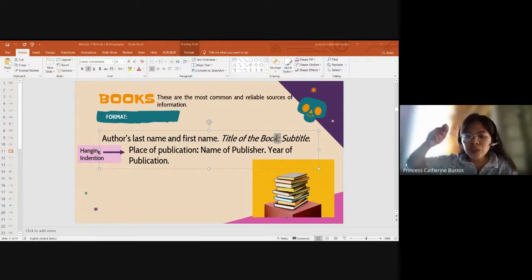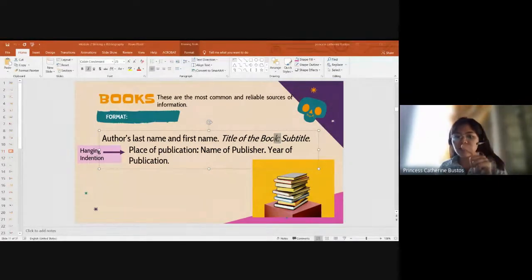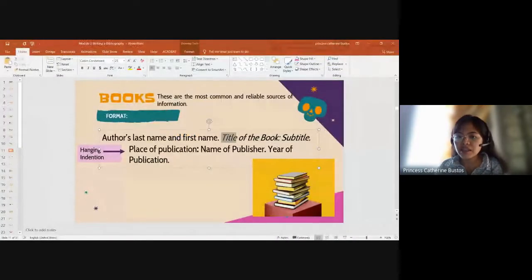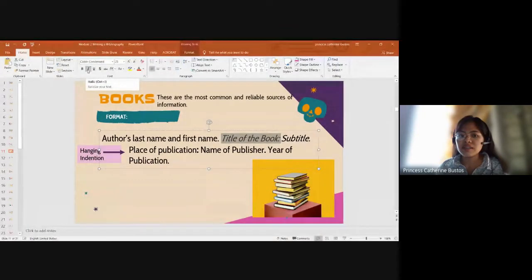So I want you to take note of that in your notebook. After the author's name, you have period and then the title of the book. Now look at how the title of the book is written. It's in italic, okay?